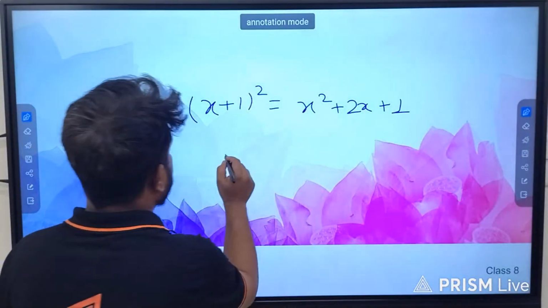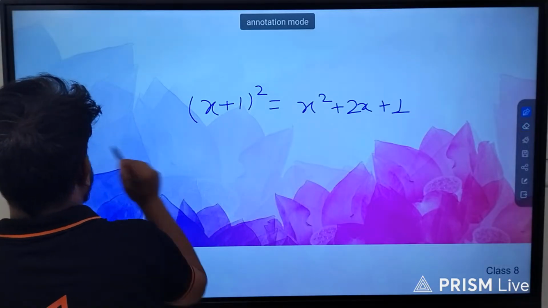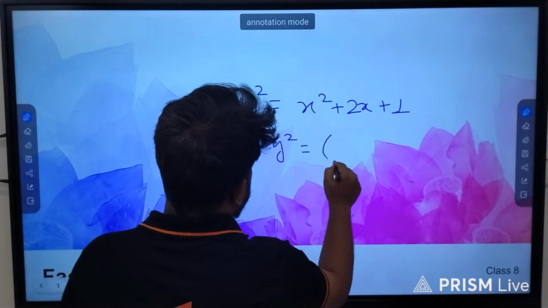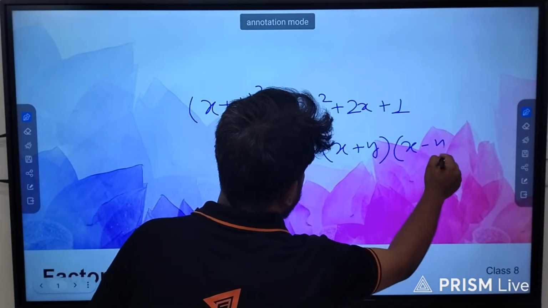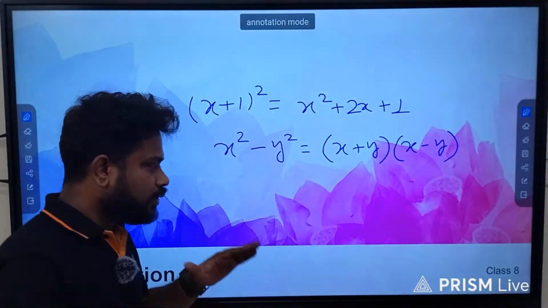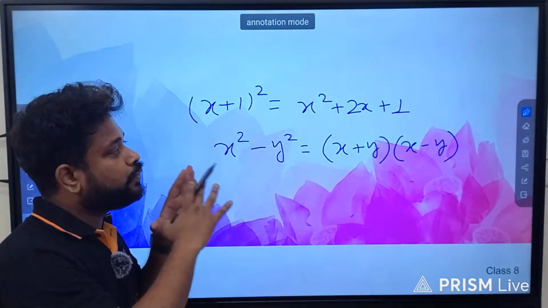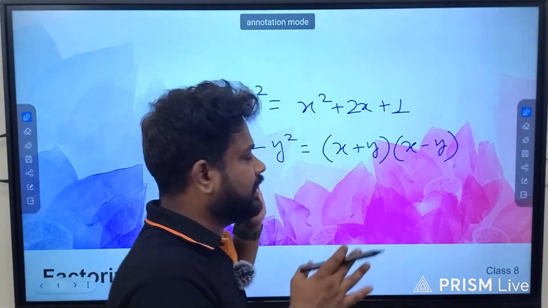Or some of you may be thinking of formulas like x square minus y square, which has factors x plus y and x minus y. We will dive deeper by using these formulas and applying them in this chapter.